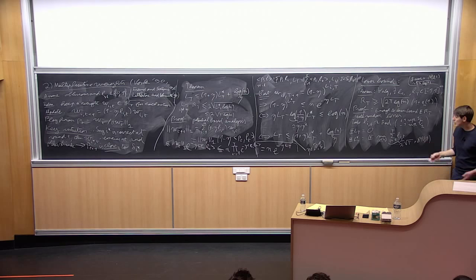So the maximum would be square root of 2 log n times square root of T, roughly square root of 2T log n. It's equivalent to this when n and T go to infinity. So in this pure noise scenario, there's just nothing you can do. This is the loss that you get.